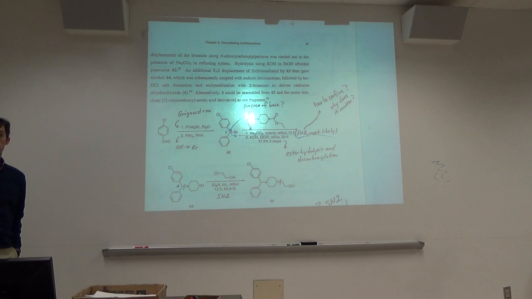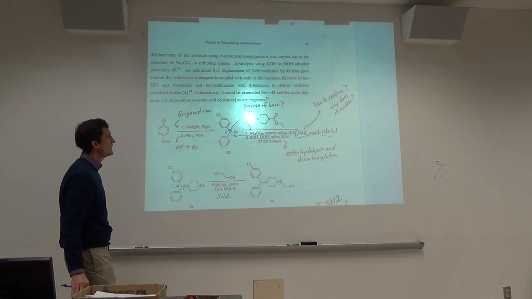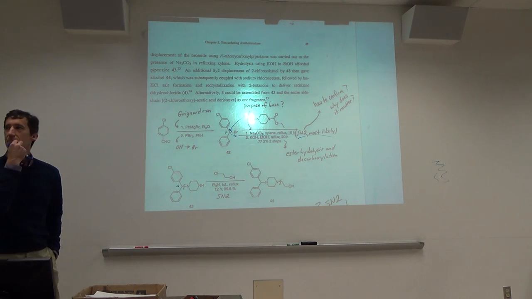SN2. Yeah? Well, how do you know that neutral nitrogen is really strong? But that's just kind of what your instructor told you. How do you know it really is strong? I mean, it is neutral. Maybe it's not strong enough. What's another way you could tell?